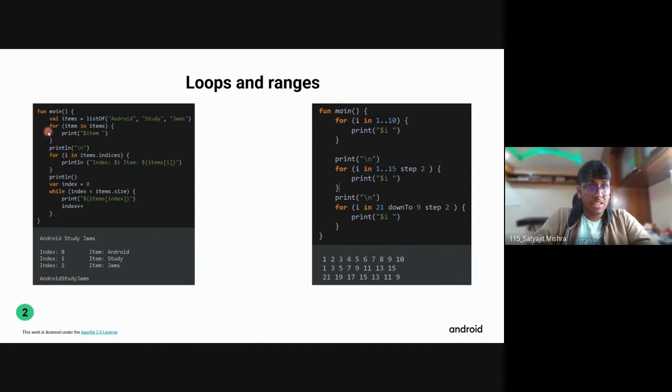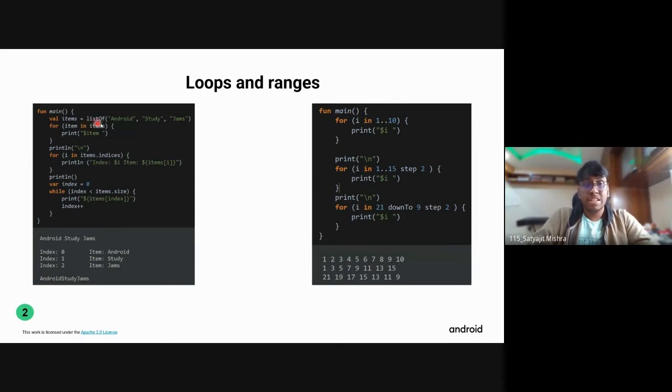Just try to understand this part: in Kotlin we have something like a list. It is not exactly an array, but we can call it a list type, and we assign them via val items equals list of.